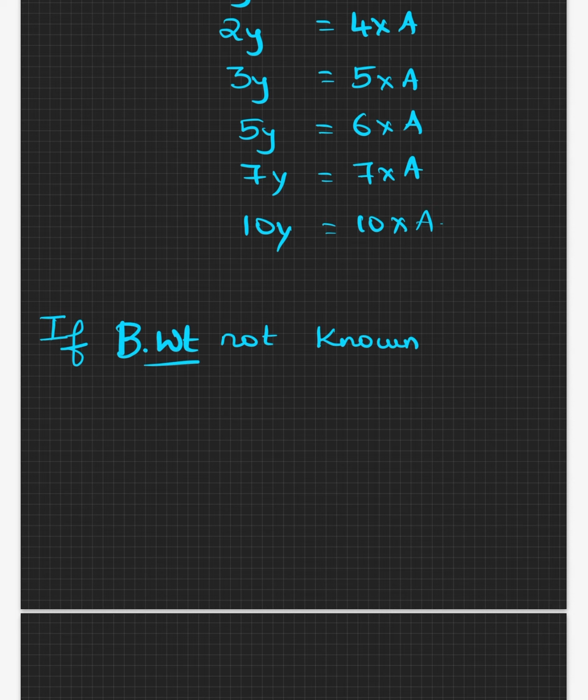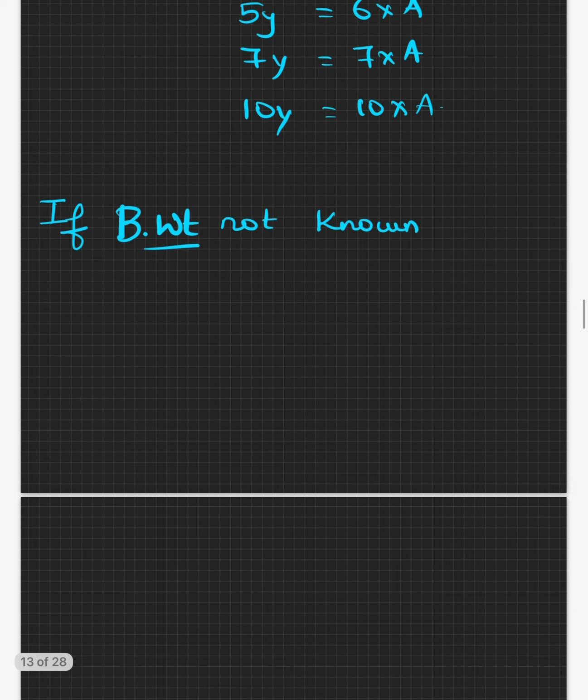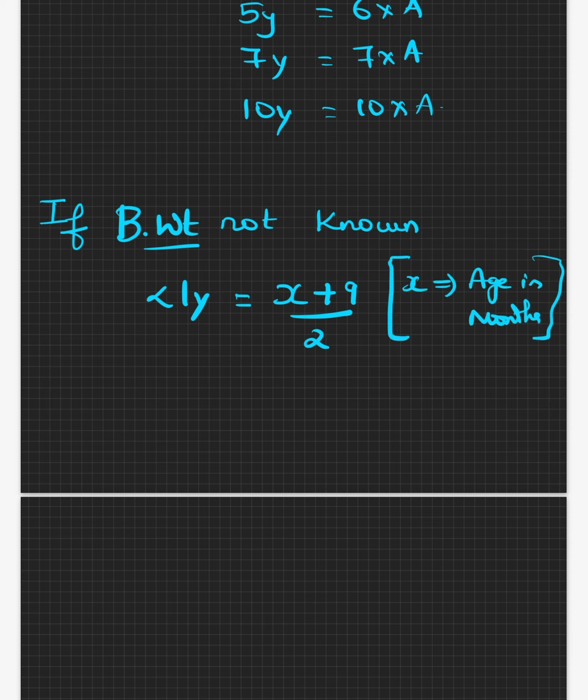Suppose we don't know the birth weight, we can use a formula. If the child is less than 1 year, we can use (x plus 9) by 2, where x is age in months. From 2 to 6 years, we use the formula 2x plus 8. 2 plus 6 is 8, so 2x plus 8.